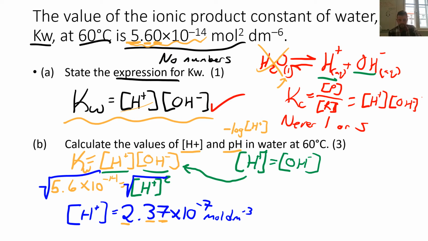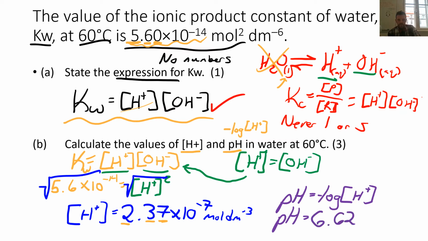And now, so there's the one part, and now I need to do pH is equal to the negative log of the concentration of H plus. Negative log answer, and I get pH is equal to 6.626. Oh, Mr. Parks, why don't your significant figures match?